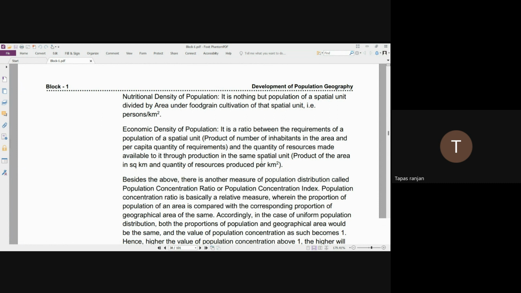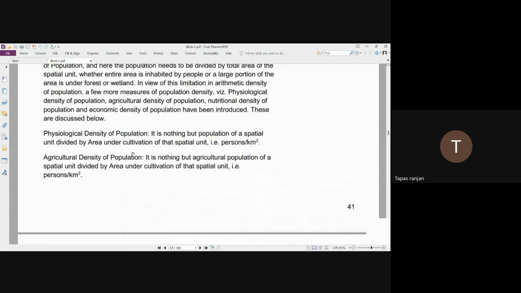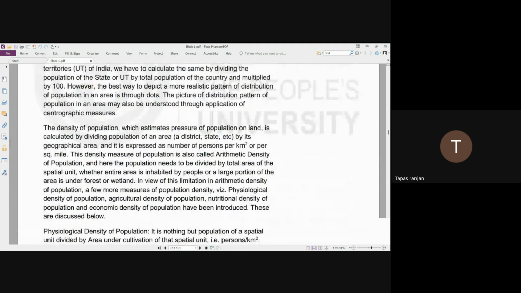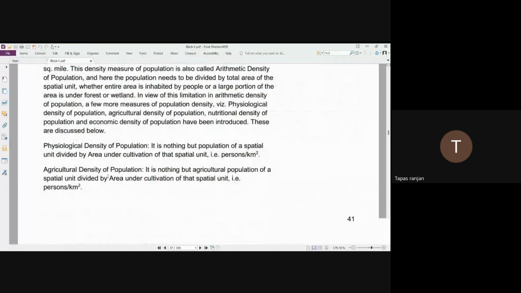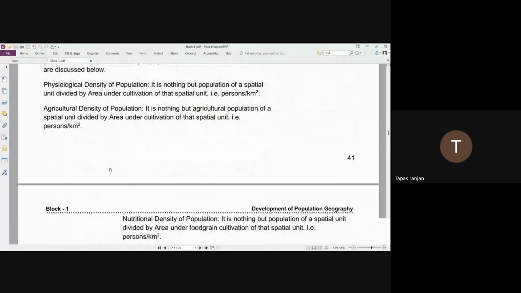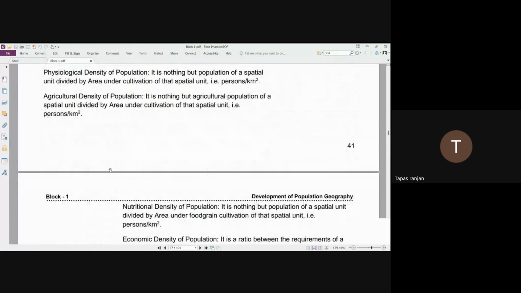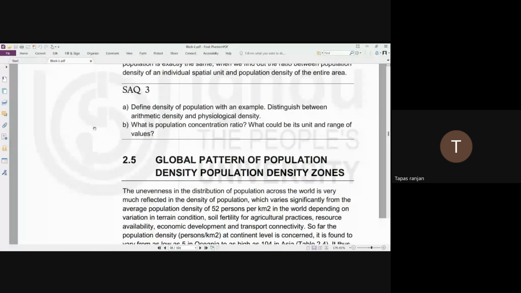The resources available in that spatial unit can support 1000 people, so the economic density will be 1000. That is what it tells us. So these are different measures other than your arithmetic density: physiological density, agricultural density, nutritional density, and even the economic density of population.